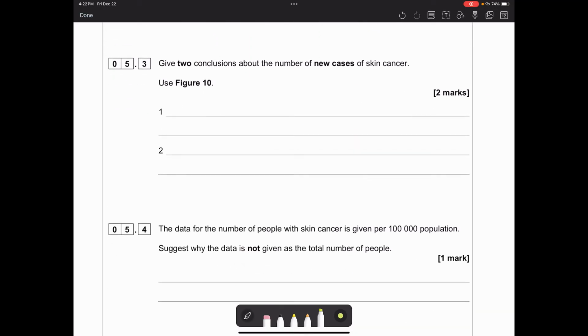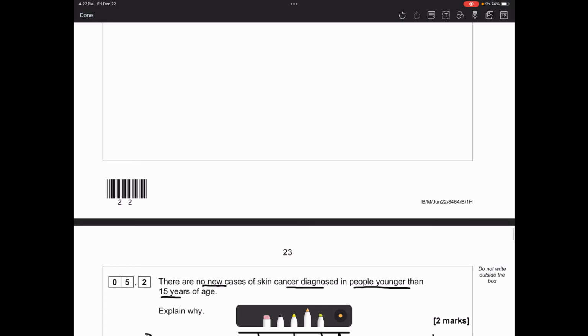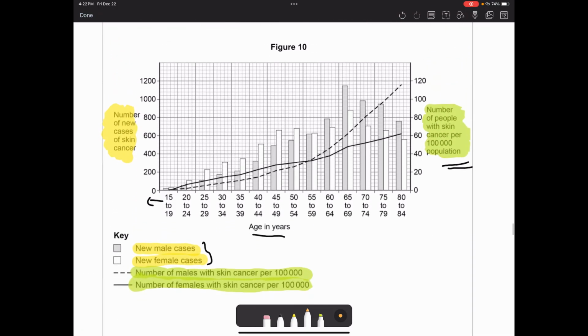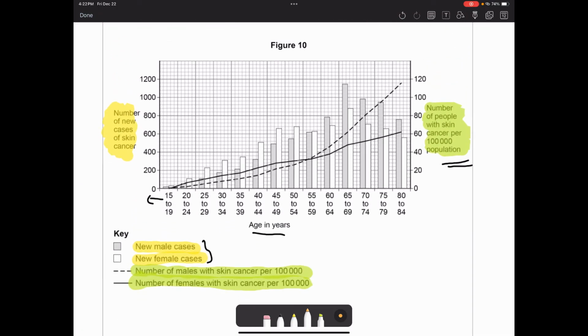Give 2 conclusions about the number of new cases of skin cancer using figure 10. So in this question, I'm just looking at the new cases of skin cancer in figure 10. And this is where people lost the marks in this paper when they used the wrong part of the graph.